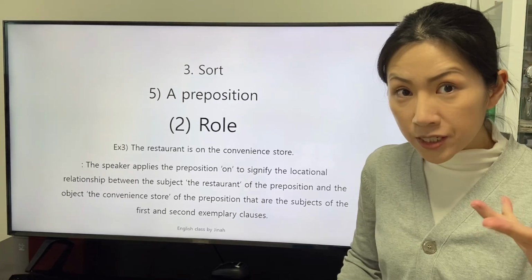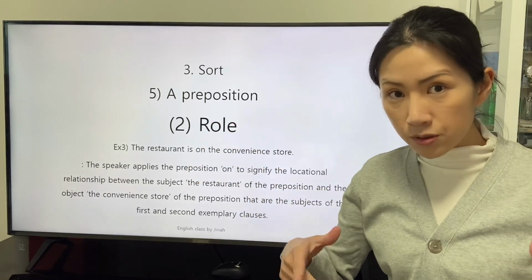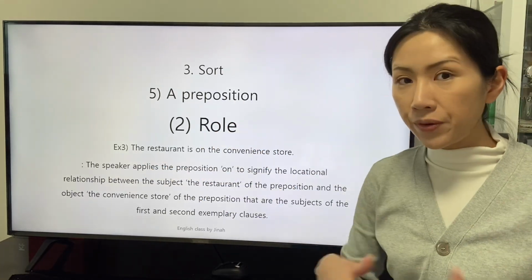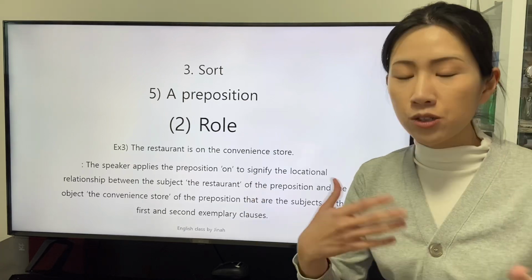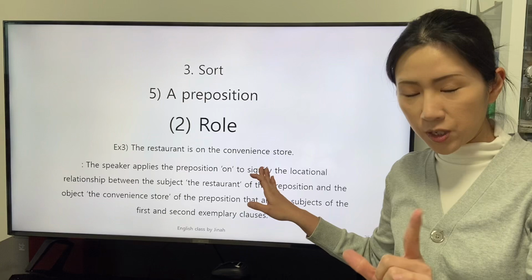With the application of the preposition on, two clauses are fused into a clause to reveal the locational relationship between the subject and the object.